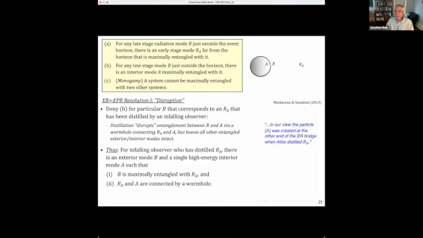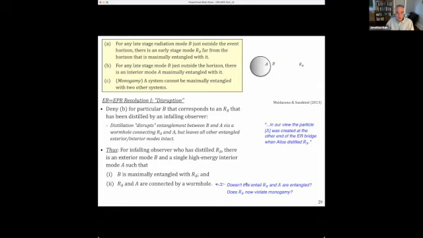But this is slightly puzzling, right? So this way of resolving the firewall problem via ER equals EPR, at least on the surface, suggests that RB and A are entangled. Right? If we're assuming that there's a wormhole between RB and A that allows something you do to RB to disrupt A under ER equals EPR, shouldn't that entail that RB and A are entangled?